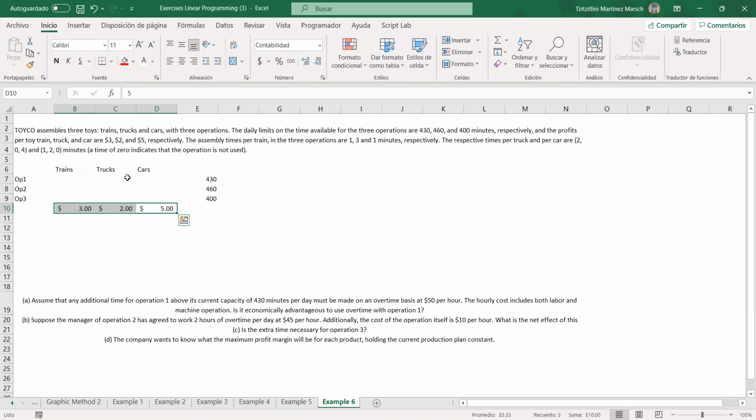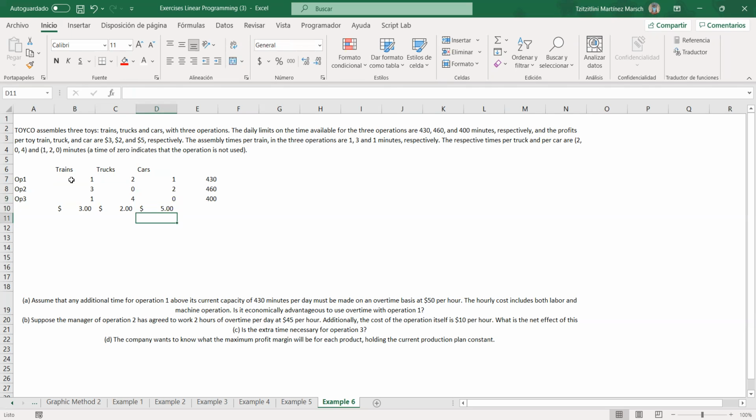And it says the assembly times per train in operation one is 1, 3, and 1, respectively. The assembly time for train is 1, 3, and 1. For the truck is 2, 0, and 4. And for a car is 1, 2, and 0.